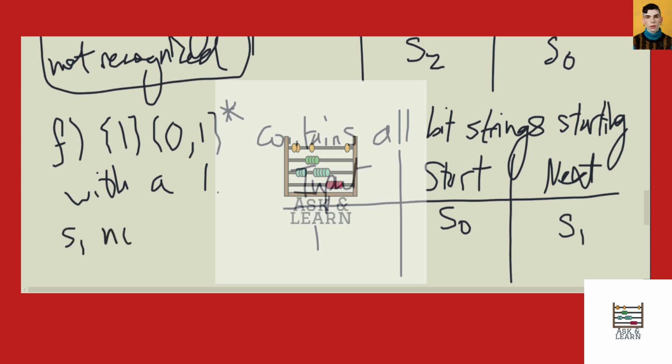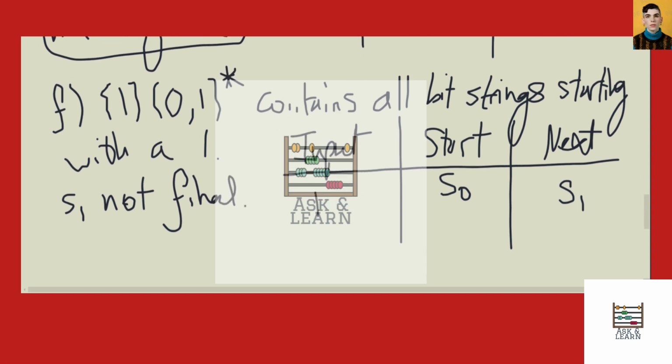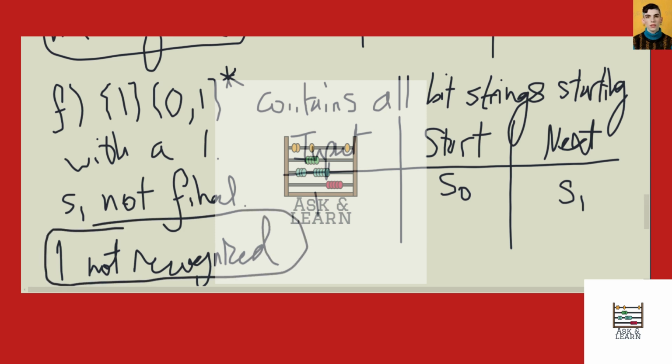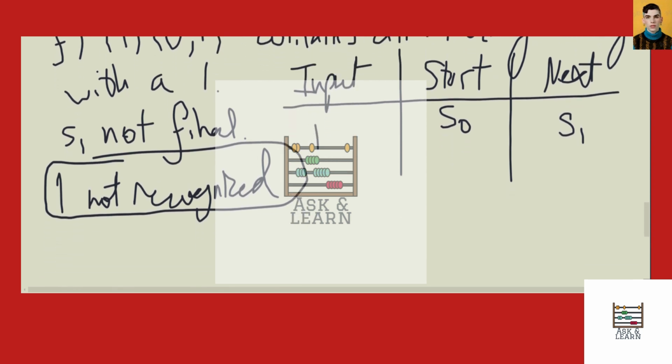Because S1 is not final, it follows that string 1 is not recognized by the automaton. And in fact, this can be generalized to many more strings. So we can just say that not all strings are going to be recognized.